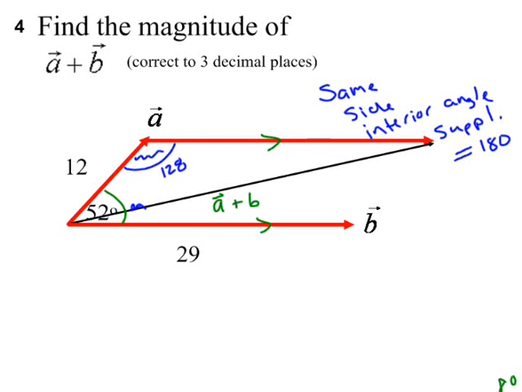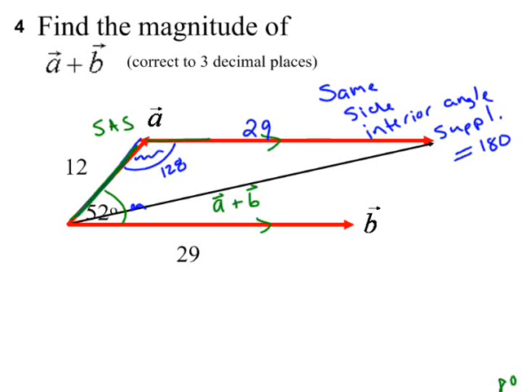All right, and we moved vector B up here, so we know that length is 29. We know this vector A has a length of 12, and we need to find the resultant vector A plus B. This should bring us back to day 1 after break when we talked about having side, angle, side, and we want to use law of cosines in order to do that.